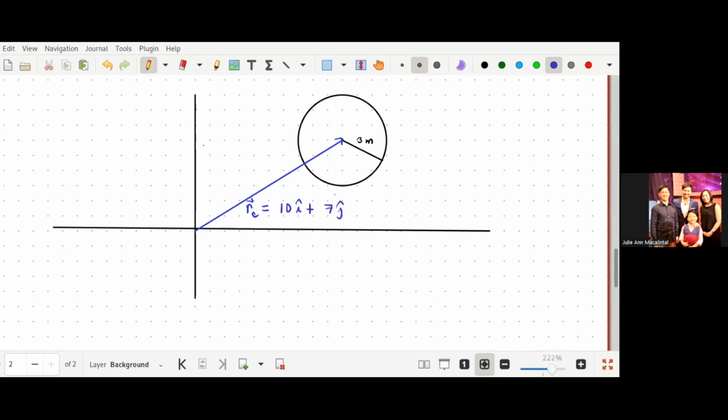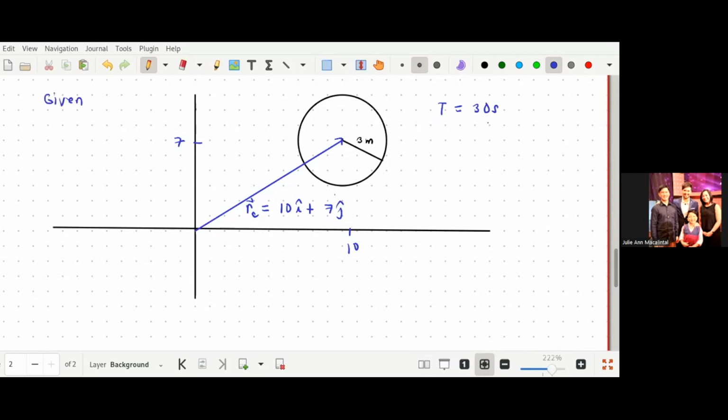So the center is at (10, 7). Even if my scale is off, it's going to be enough to specify. Now, suppose the period of the circle is 30 seconds to make one whole circle. So these are the givens.